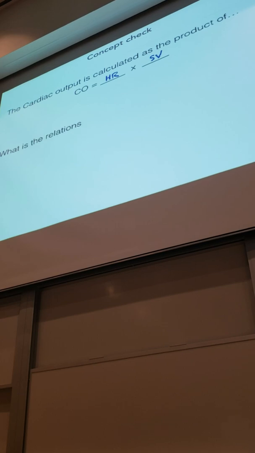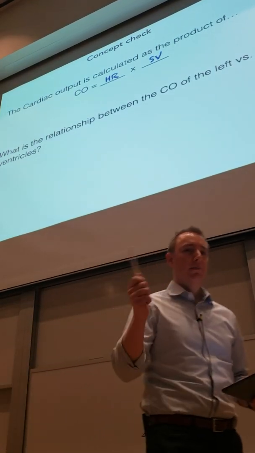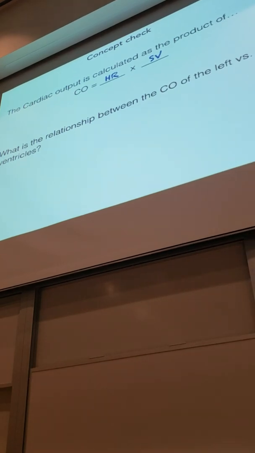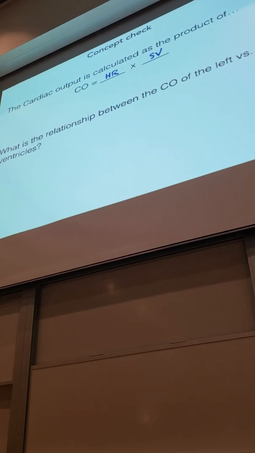Okay. There's another concept I want you to be familiar with. We don't talk much about both sides of the heart at the same time, but maybe we should do more of that. What is the relationship? We've learned already that the right side has much lower pressure than the left side. Okay. One side pumps to the lungs, one side pumps to the entire rest of the body.